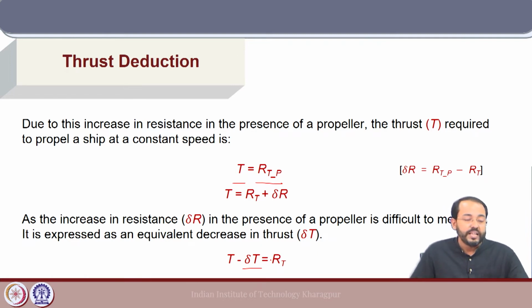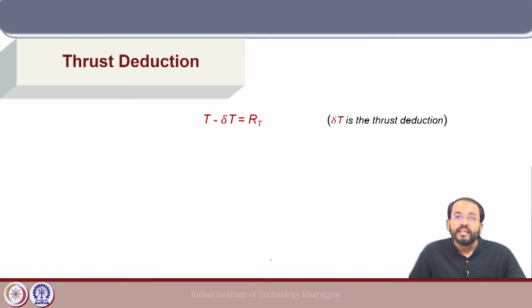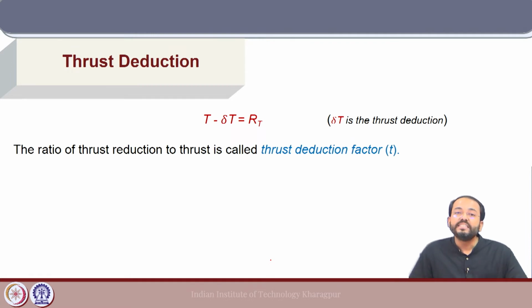Okay. So, now this delta T is obviously equal to delta R, which is the increase of resistance, and the ratio of this delta T to the thrust is called the thrust reduction factor. As we see in naval architecture, we express certain parameters as non-dimensional fractions.